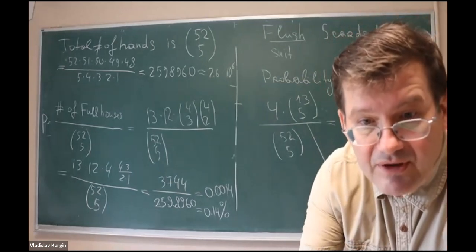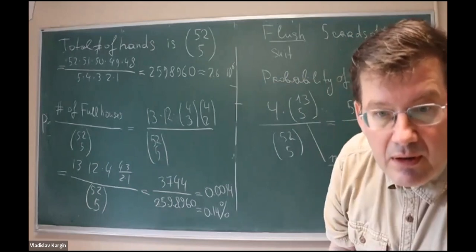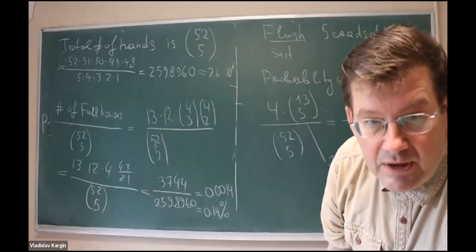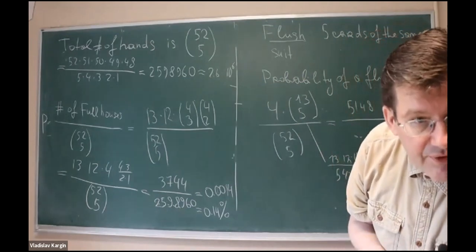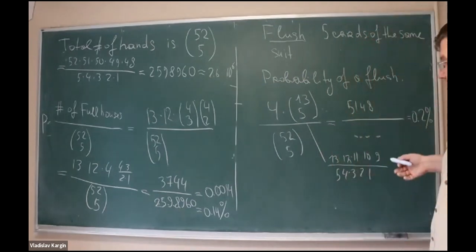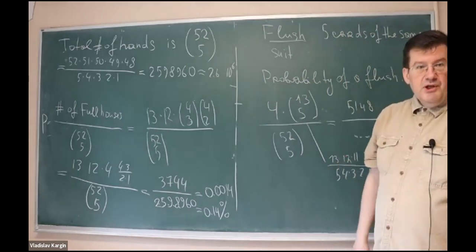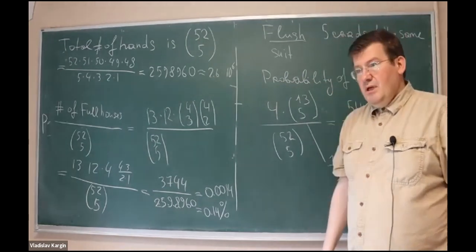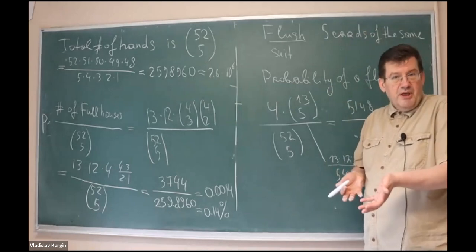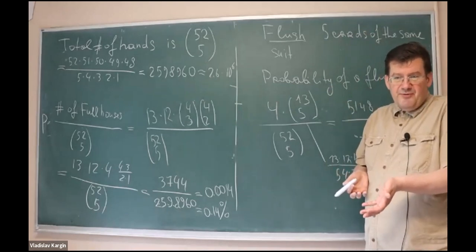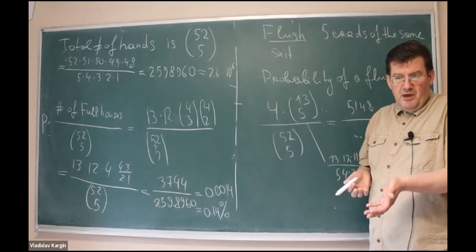So let me see the question. It's about the probability of specifically getting a particular full house, not just any full house, with jacks and tens. Jacks and tens was just an example of a specific full house.